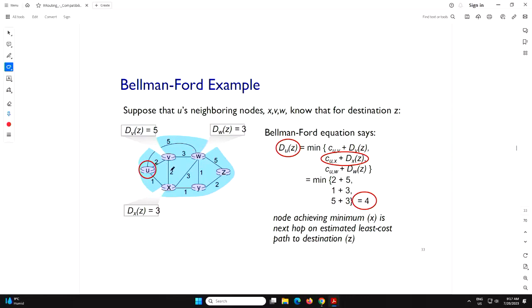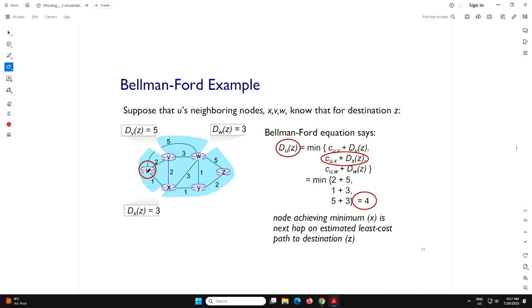And let's say that V, exchanging this information, is telling you that it can reach another destination called Z with a cost of 5. The reason V says 5 is perhaps V has found a route like this, 2 plus 1 plus 2. And W is telling you that it can go to Z with a cost of 3 because probably it has found this path, 1 plus 2. And similarly, X says to you that it can reach Z with a cost of 3.